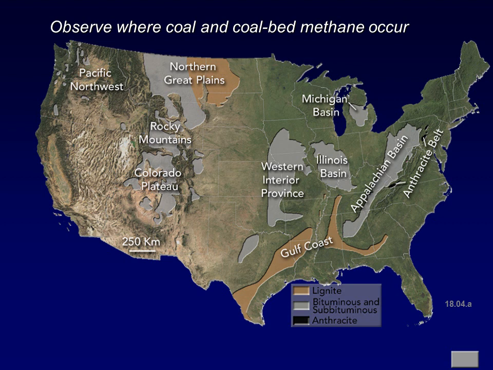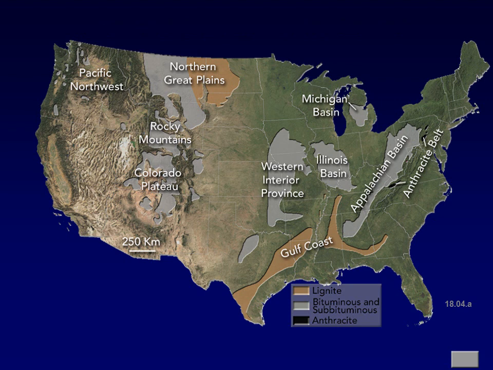Observe where coal and coal bed methane occur. So this map shows coal-producing areas which also produce coal bed methane. And the color is according to the type of coal. So we've got this tan color that's lignite, the gray color that's bituminous and subbituminous coal, and the black, which is anthracite.